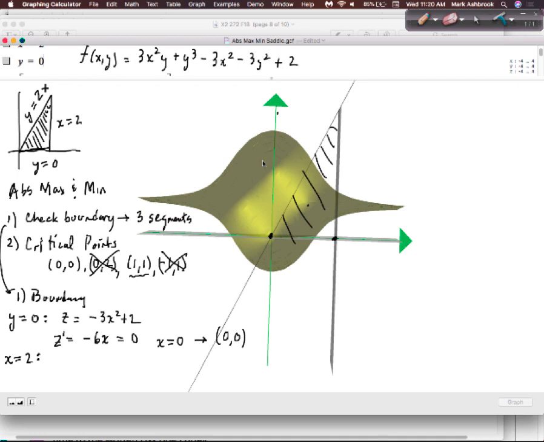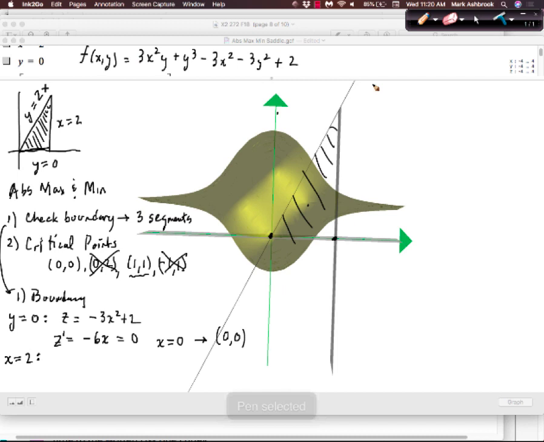So now x equals 2 is going to be the function that we get when x equals 2. What is that? We get z equals 12y plus y cubed minus 12 minus 3y squared plus 2. And now we've got a little optimization problem along that boundary, right?